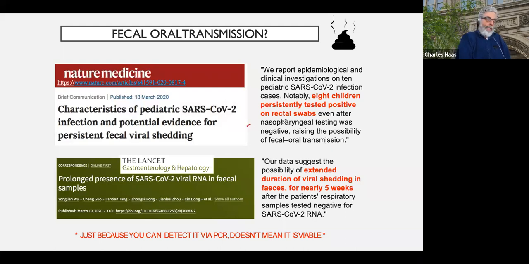In the first case, children tested positive for CoV-1, or for CoV-2, excuse me. But this was only based on RNA, not based on culture. The second study was on adults, and again, RNA was detected in the feces for up to 5 weeks following onset of infection.